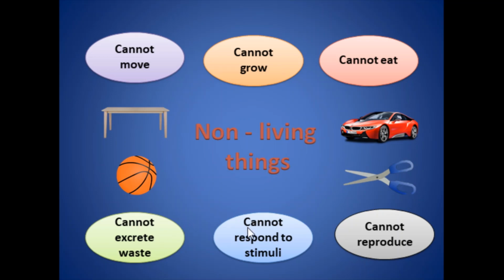It cannot respond to stimuli. And mostly, it cannot reproduce. These are just a few of the many examples of non-living things. For as long as these things follow this description, they are non-living things. Okay.